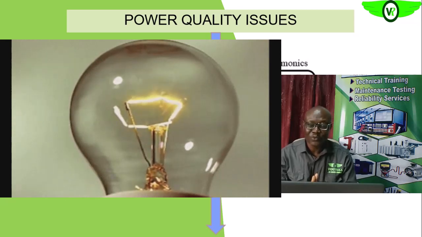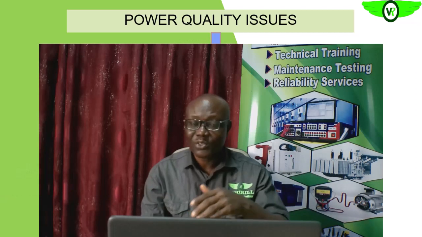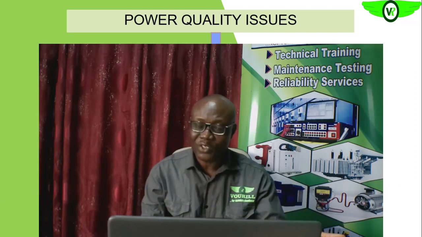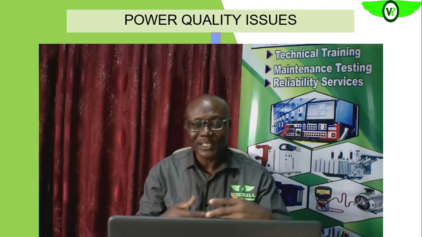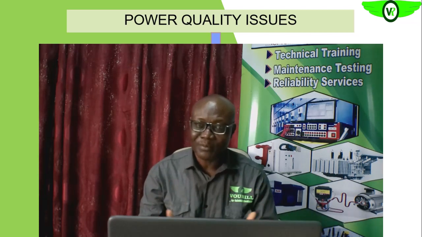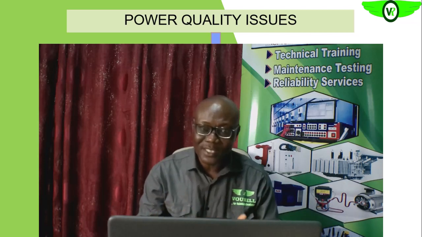Okay, it's not good for our system because, like the sags, overvoltage, and the rest, they can cause shutdown, depending on the protection you have on the system. It can cause shutdown, and at times it will take you a lot of time to start up the system again.